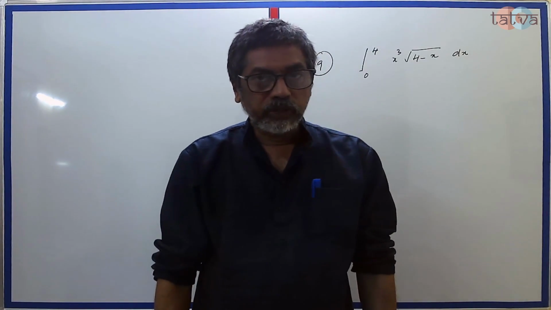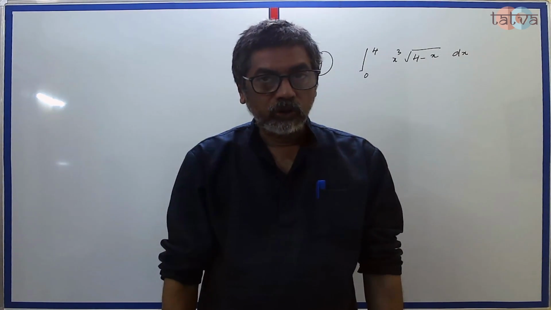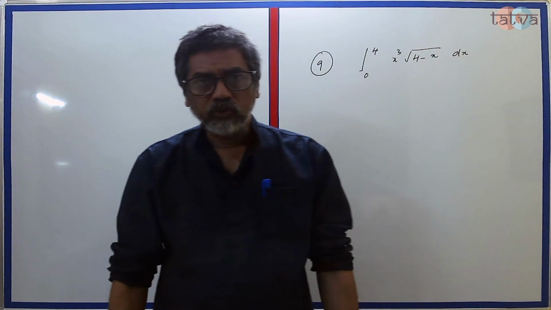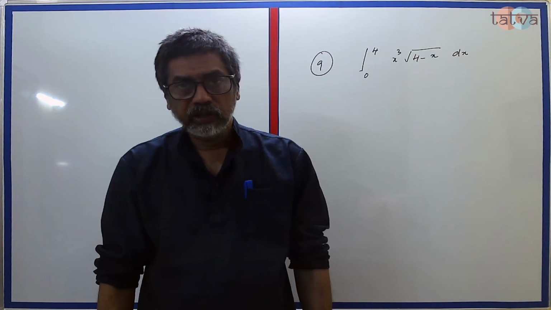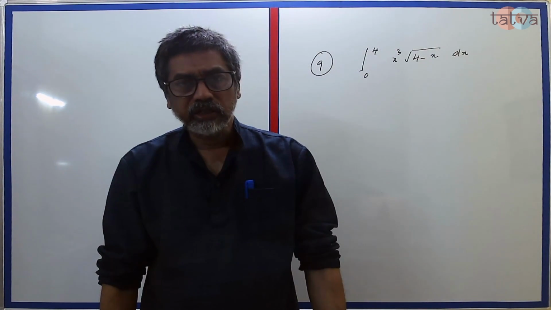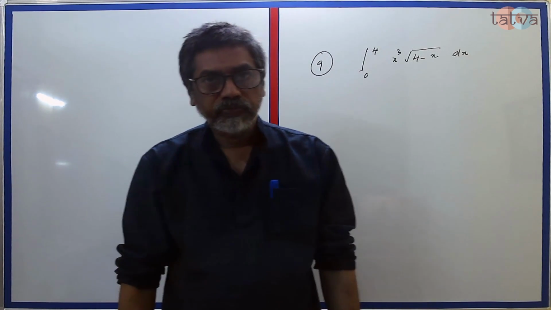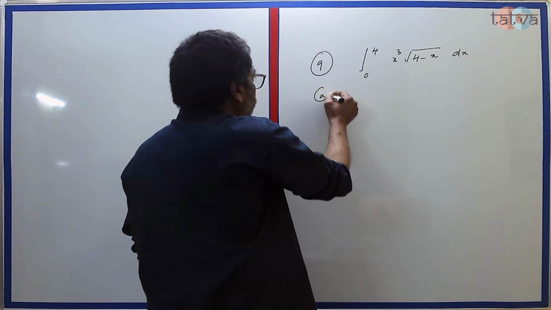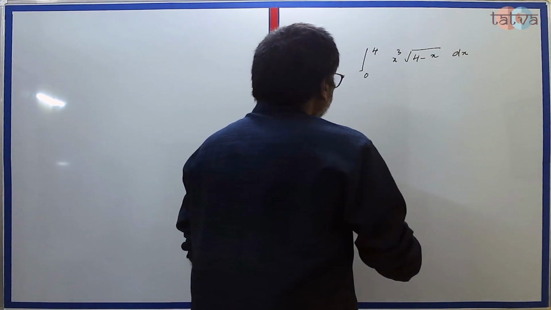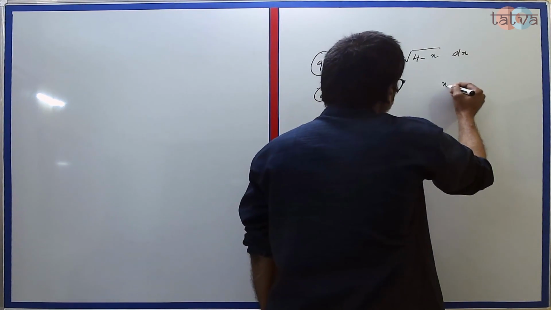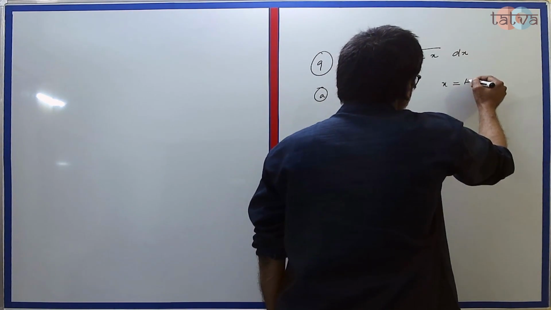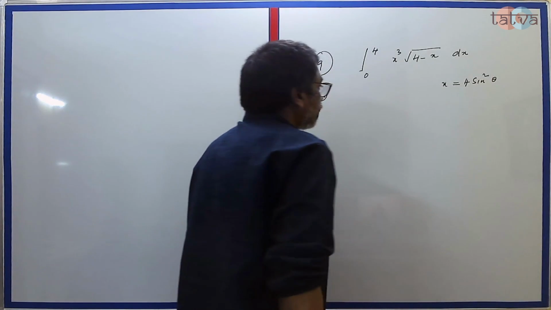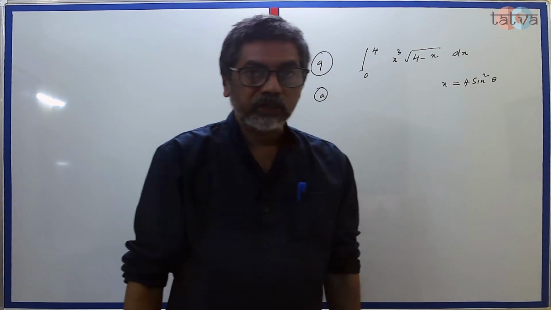Let me now present you an example which can be solved in two different ways. The first one is generally what is considered an elementary process. The second one is a little bit involved. So if you talk about the first method, I use a substitution for the variable x, using x is equal to 4 sine square theta.